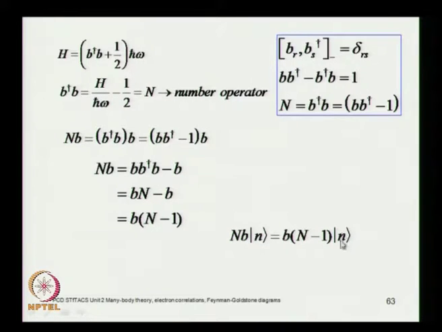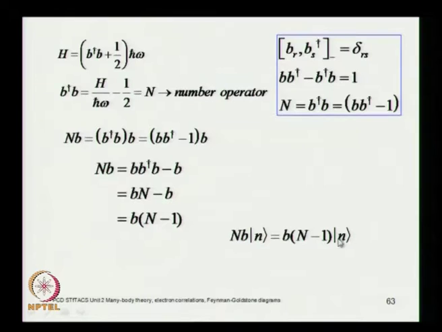This is of course an eigenstate of the unit operator 1, and the occupation number ket is also an eigenket of the occupation number operator, which is capital N. So, the eigenvalue of n minus 1 operating on n will be little n minus 1, and this is then further to be operated upon by the operator little b, which is the destruction operator.